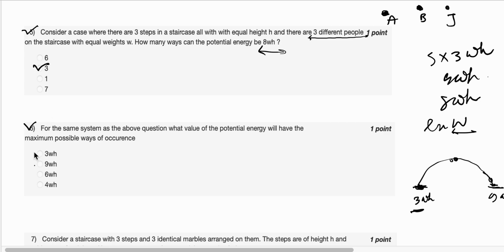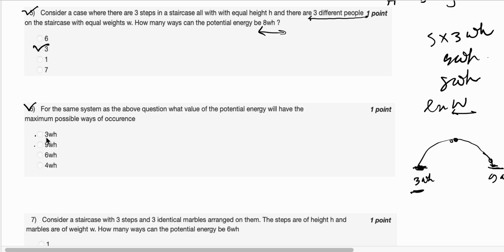In the sixth question, the argument for the entropy will be 0 for 3 omega h and 9 omega h, because there is only one possible way, since that's there, and 9 omega h also there, so that is true. So these two cannot be the maximum occurrence.